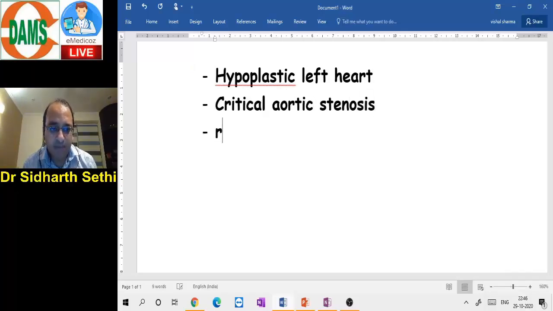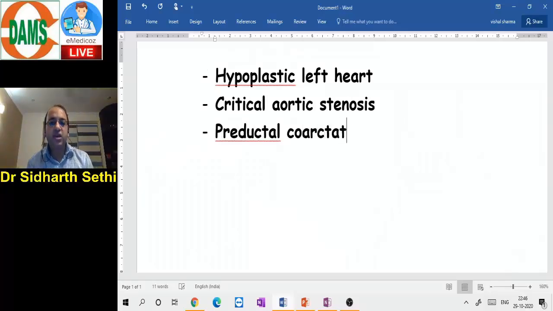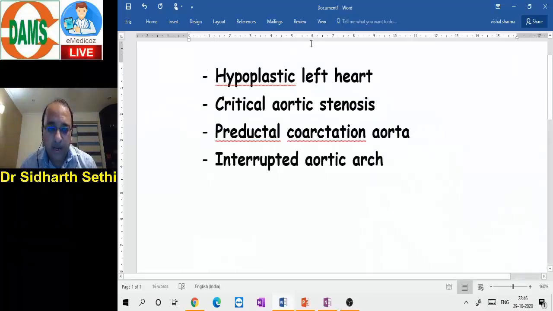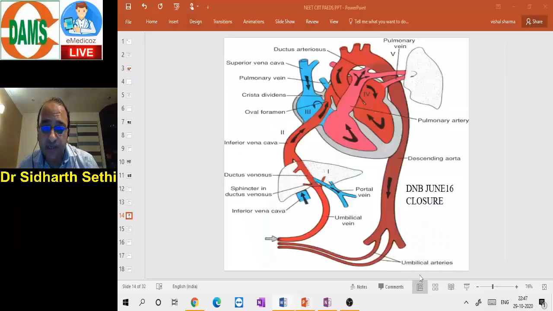Or suppose he has a pre-ductal coarctation of aorta, before the ductus. It is also called interrupted aortic arch. So there is interruption in the aortic arch before the ductus.